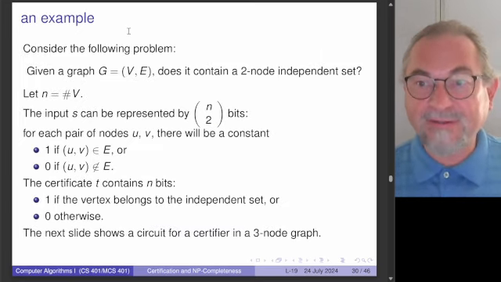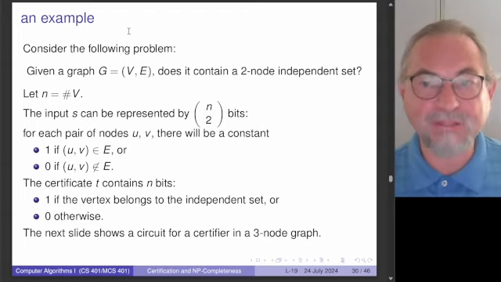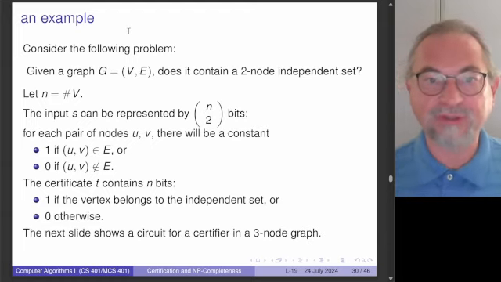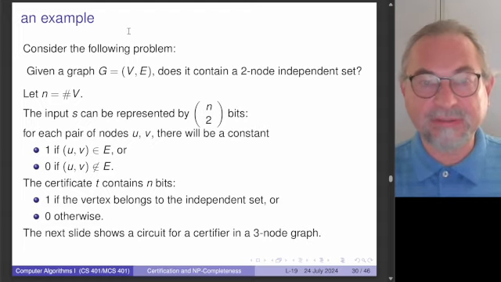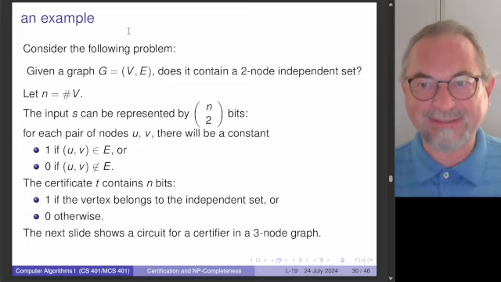But let's first dwell a little bit on the role of circuits. So here is a problem, again formulated on a graph. Given as input a graph with vertices and edges, does this graph contain a two-node independent set?